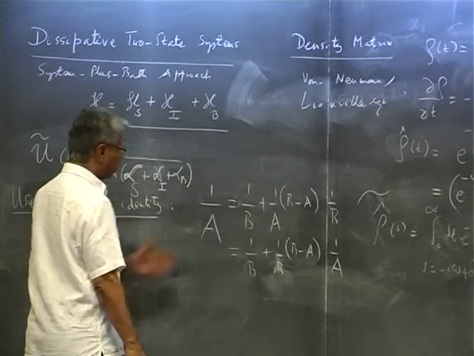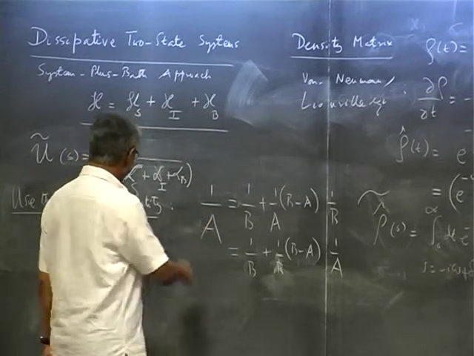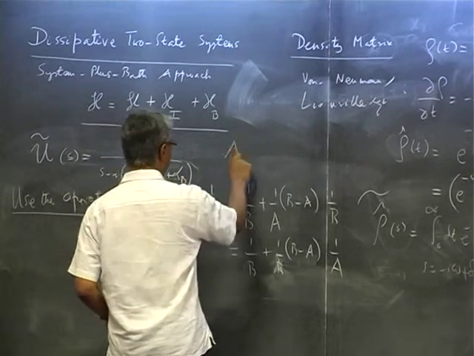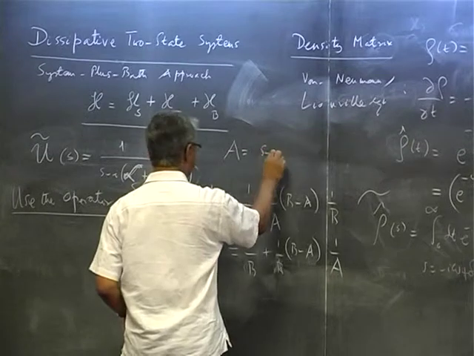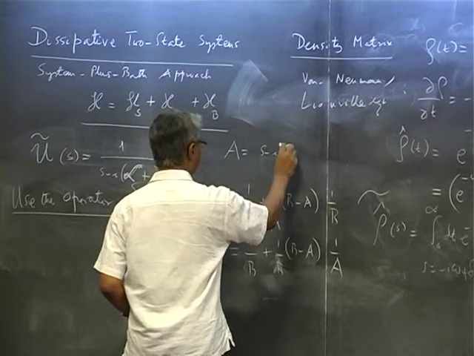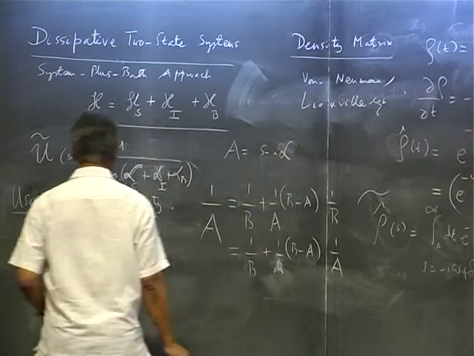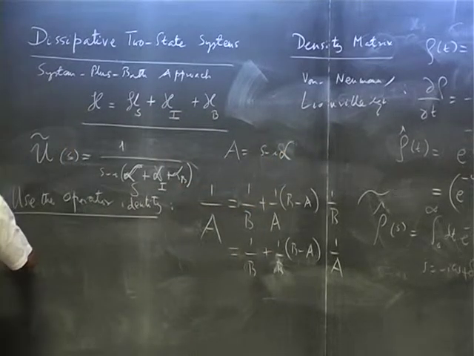Suppose, I mean, this is a general operator identity. Suppose we identify A with this full guy. So your A is really S minus i times the full Liouvillian. Then what do you get as U of S?